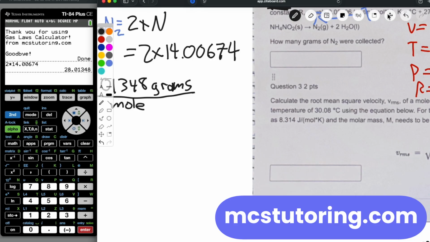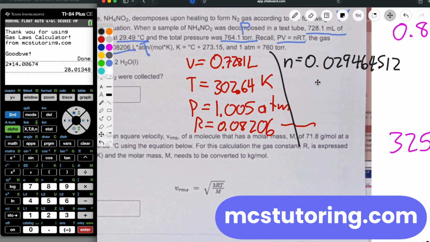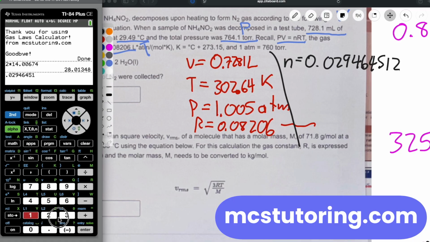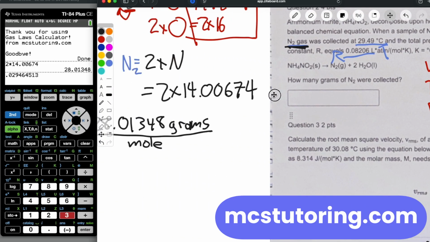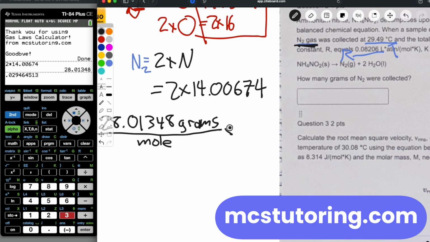That's the thing on top. So I'm going to take this number again, 0.029. I know, probably my next iteration of the gas laws program will already do this, but I just want to put that in my calculator for a second, because what we're going to do is multiply them by the number of moles, the 0.029 moles.